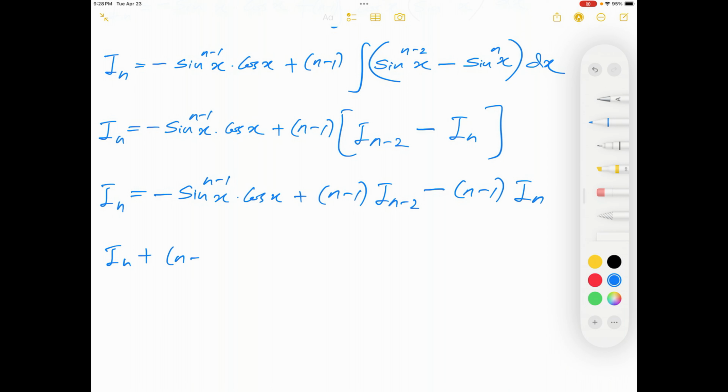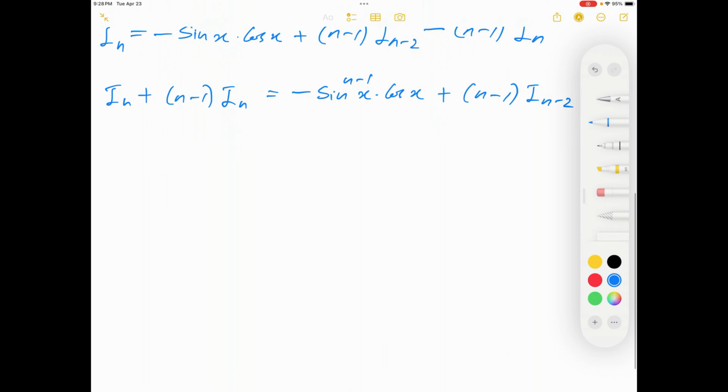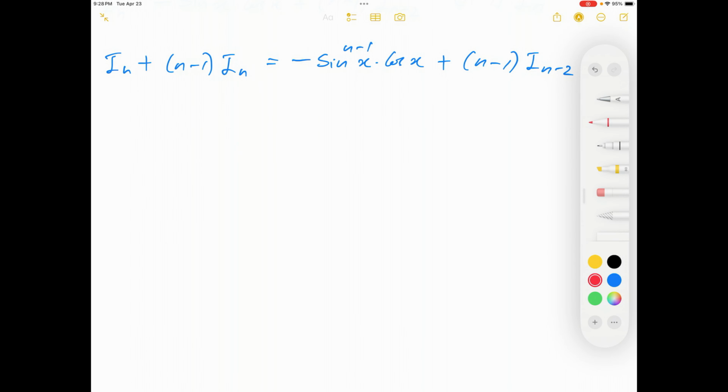Then I have I sub n plus n minus 1 times I sub n being equal to negative sine n minus first power x cosine x, plus n minus 1 times I sub n minus 2. Now we can simplify this left hand side. On the left hand side I have 1 times I sub n and also n minus 1 times I sub n.